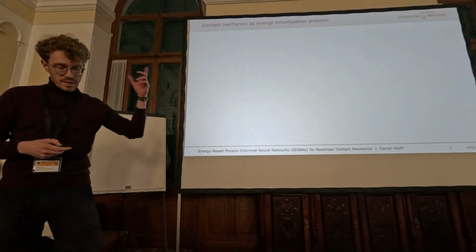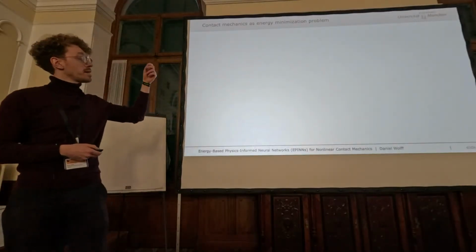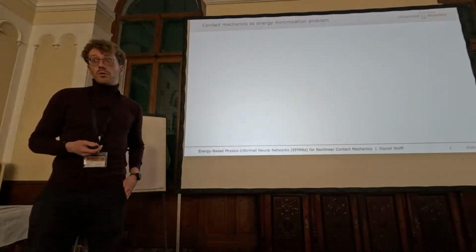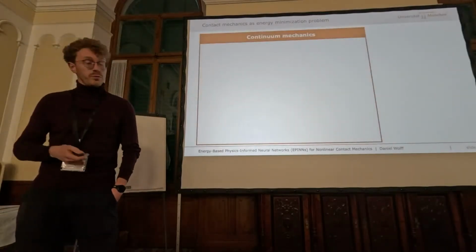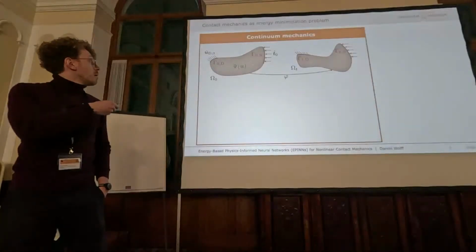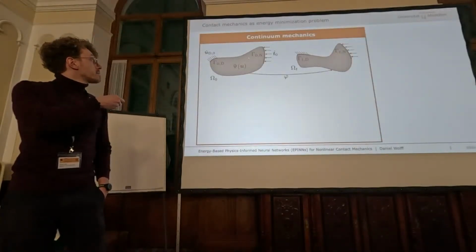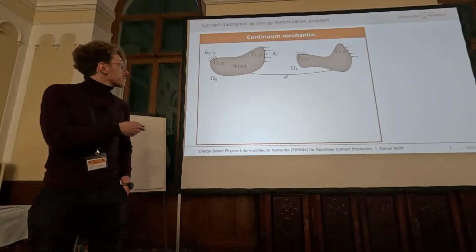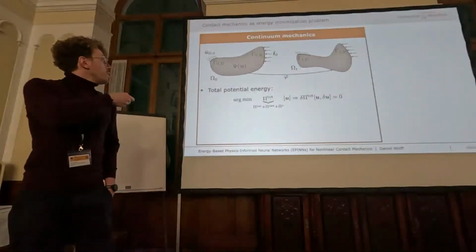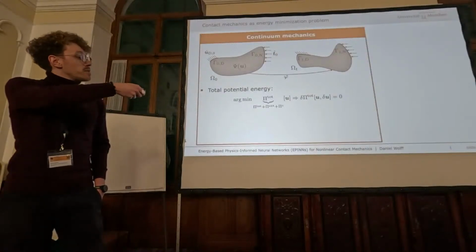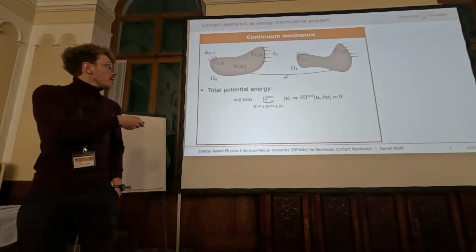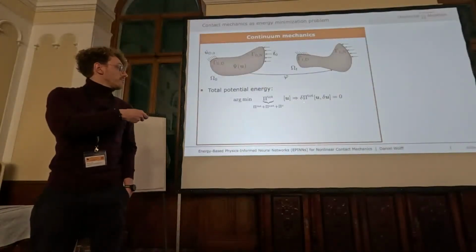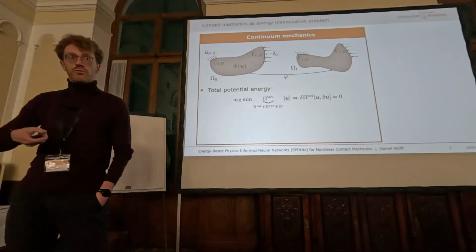The idea behind energy-based PINNs is closely connected to formulating continuum mechanics as an energy minimization problem. So how do we do this? We have a body which undergoes some deformation. If this body is equipped with a strain energy density function, we know that the resulting deformation of the body is the one that minimizes its total potential energy, or in other words, we require the first variation of the total potential energy to vanish.